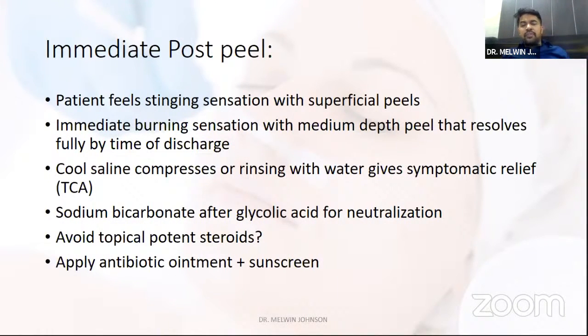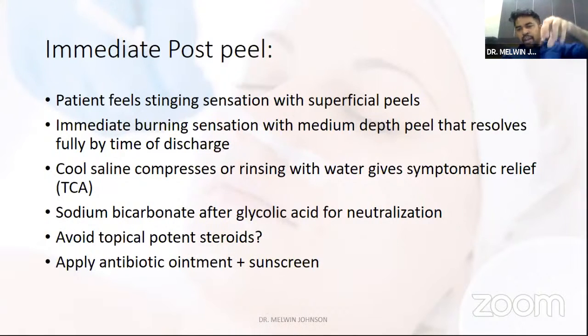Sodium bicarbonate after glycolic acid, not immediately. First try neutralizing with cold water. 90% of the time उसमें solve हो जाएगा, but still if there is some tingling sensation, then on those localized areas you can use a commercially available neutralizing agent.